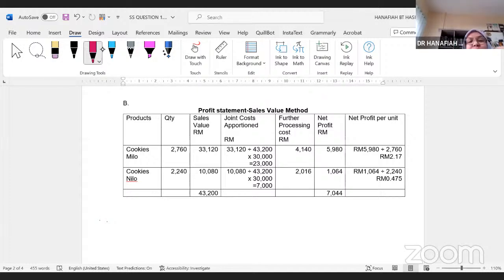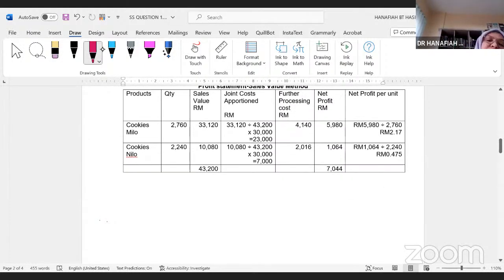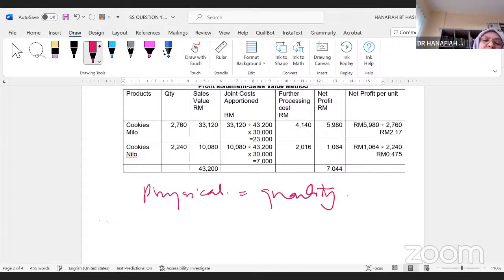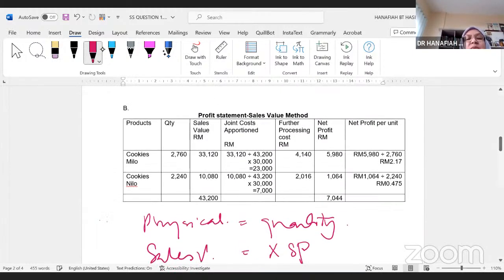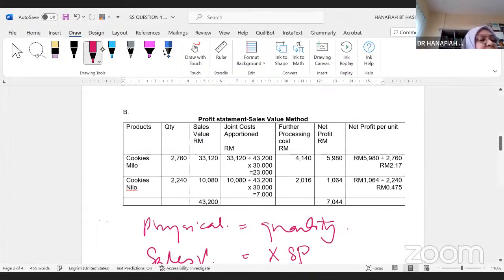You have to remember, if I mention physical, then use the quantity only. If sales value, then times with the selling price. Net realizable value means plus the further process. So now let us answer this question.